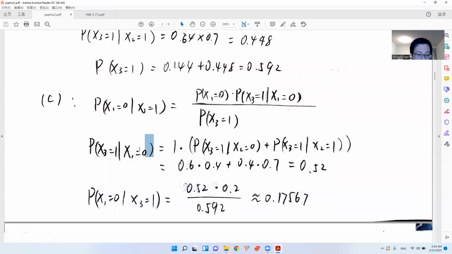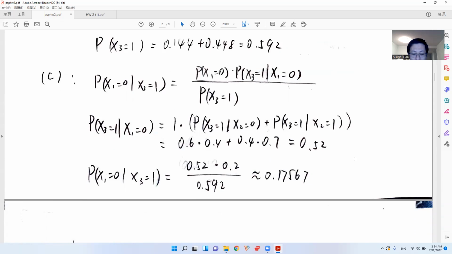By the way, there's this part, the probability of x3 equal to 1 given x1 equal to 0, because we already know that x3 is the output of x2, and we can get x2 from x1's input. So just do this calculation and this one. We get the probability of this part, and plug it in here to get the final answer.